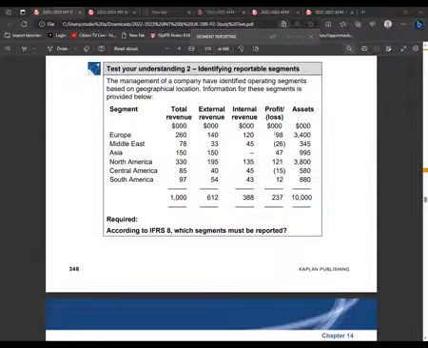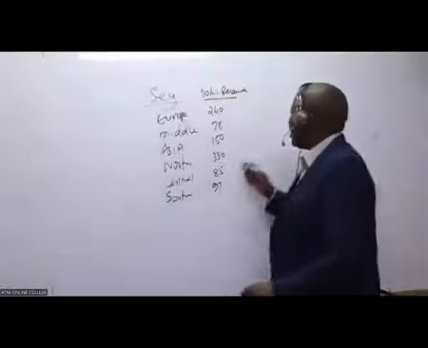When you talk of total revenue, if it's the Europe segment, total revenue is what it is selling externally plus what it is transferring internally. 140 plus 120, that's how they are getting these 260. Remember these segments are normally interrelated.